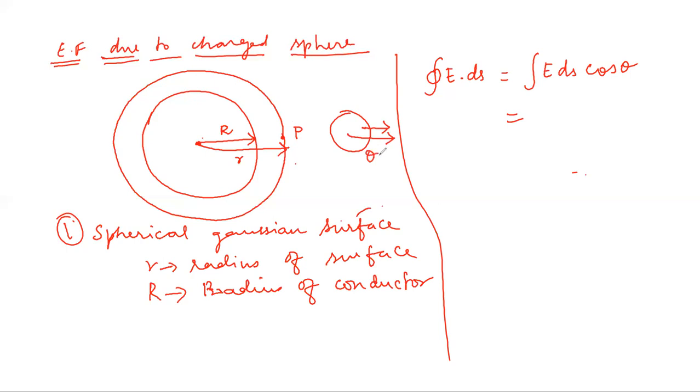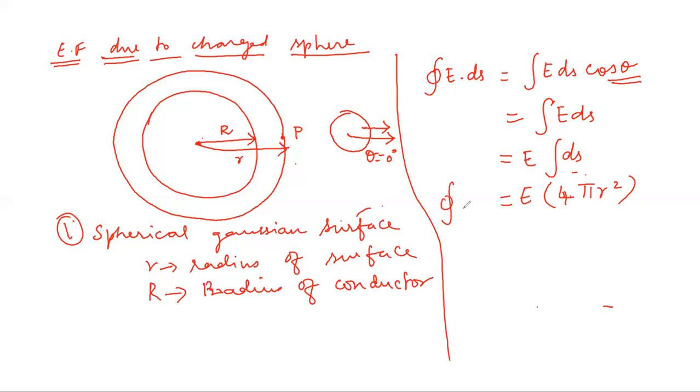So theta will be equal to 0 degrees. Since theta is 0 degrees, I can write this as integral E ds. Since r is constant, I can take E out, so it will be E integral ds. That is nothing but the surface area, 4 pi r square. So finally, I got integral E dot ds is nothing but E into 4 pi r square.